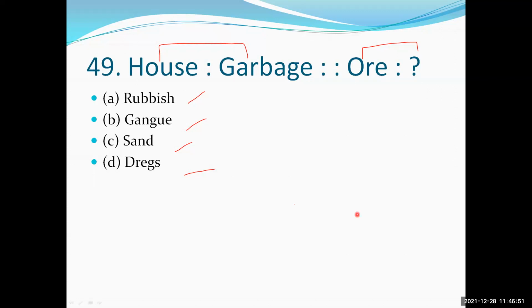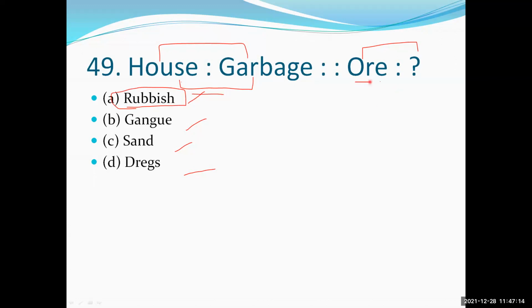Okay, Suraj, Pragati, Mayuri, they have answered it. So we'll come to know from house whatever is the useless or remaining or not useful, that is garbage. Similar to rubbish. Rubbish and garbage are same, so people can't go for option A. Okay, option A can't be answer.